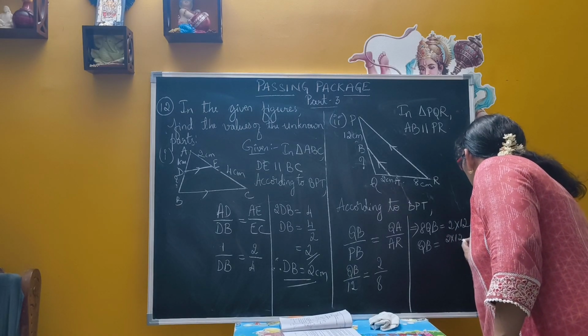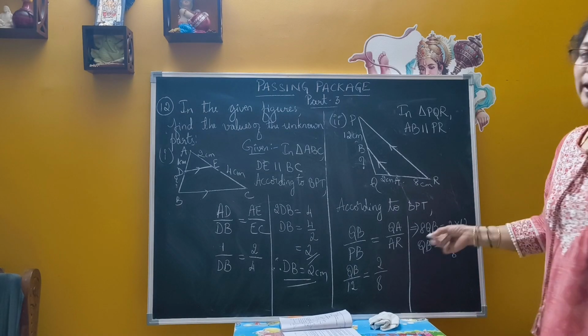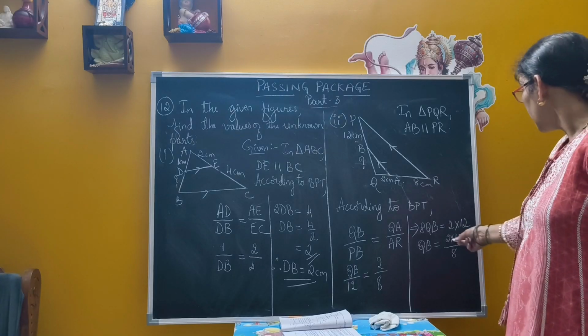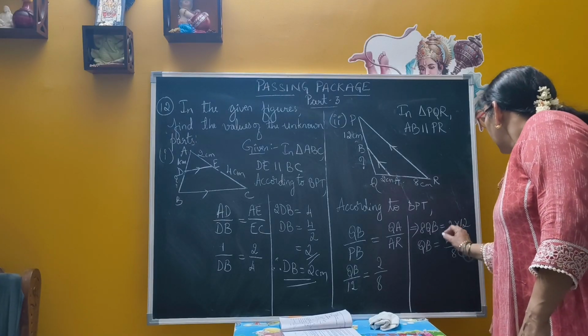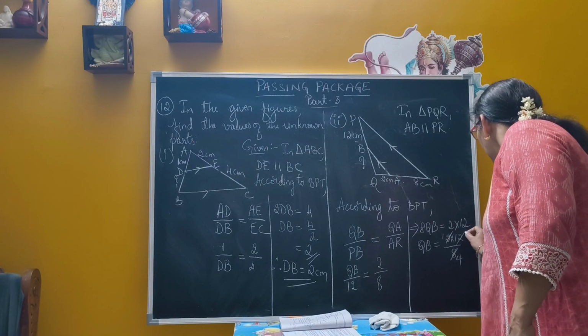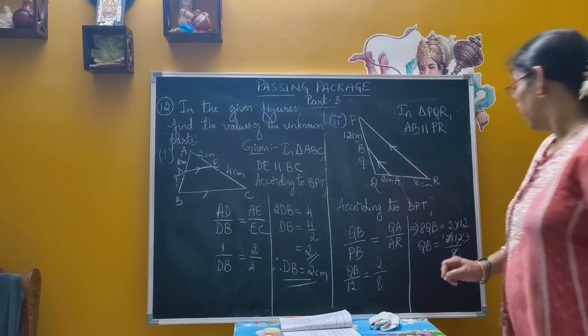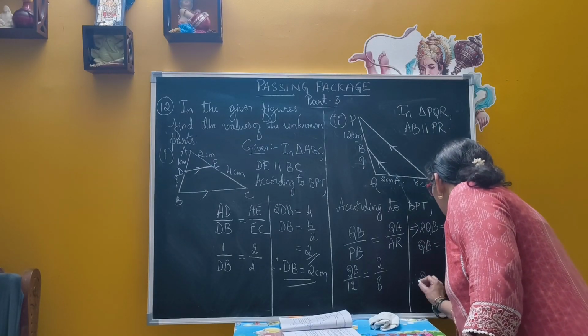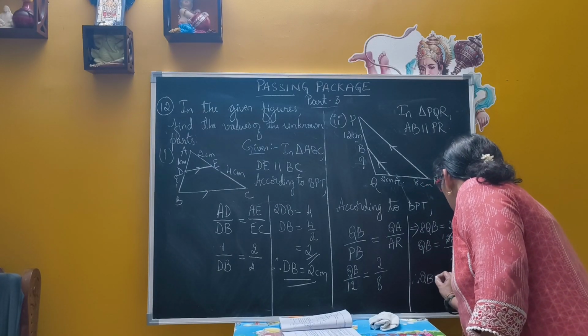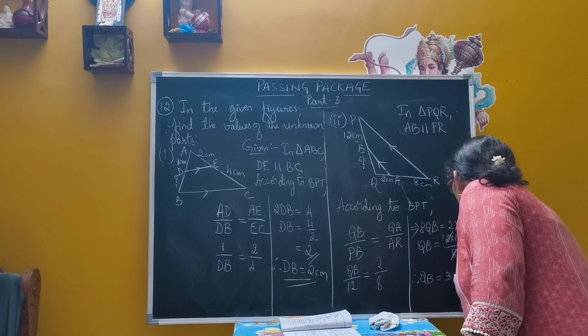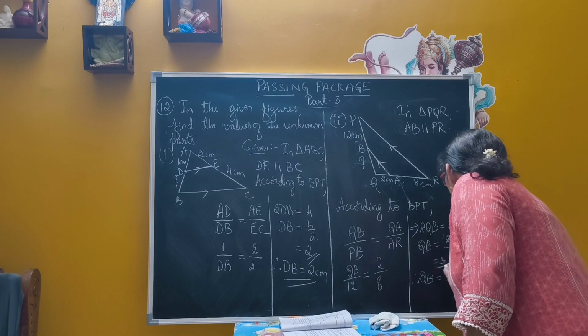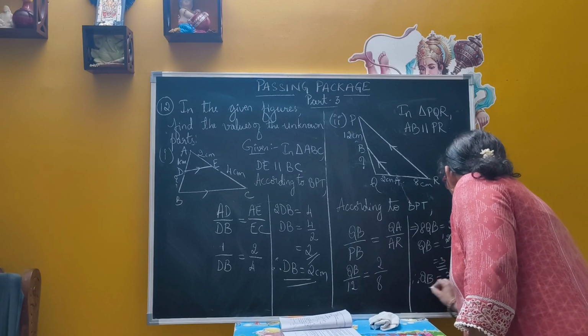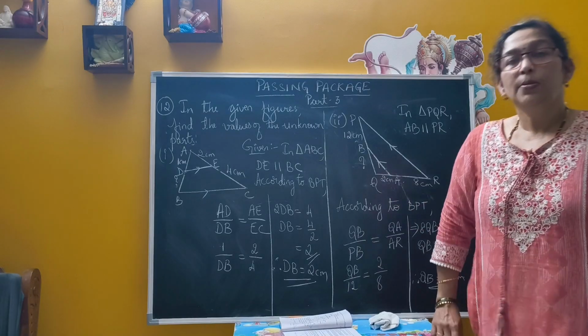Or you can multiply, 12 into 2 is 24. 24 divided by 8, how much is it? 8 3s are 24. So therefore QB, the unknown part, is equal to how much? 3 centimeter. Okay, 3 centimeters. Very simple problem.